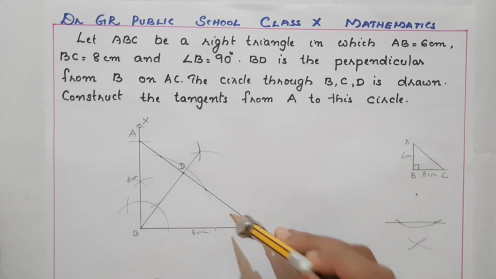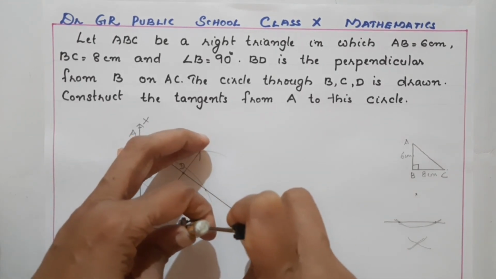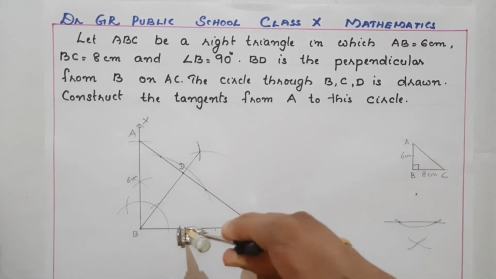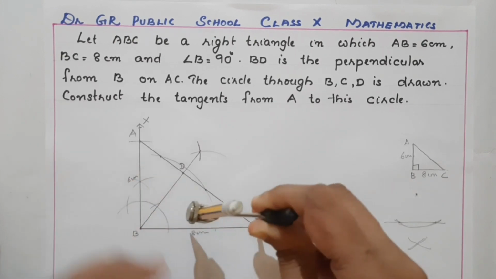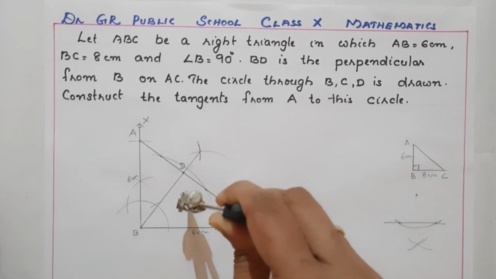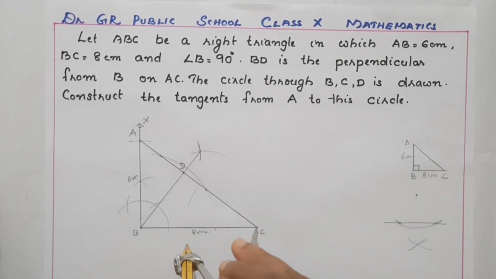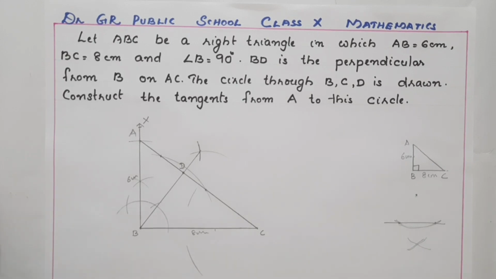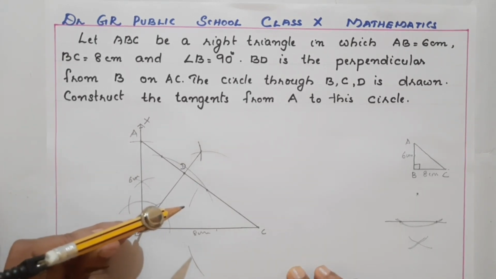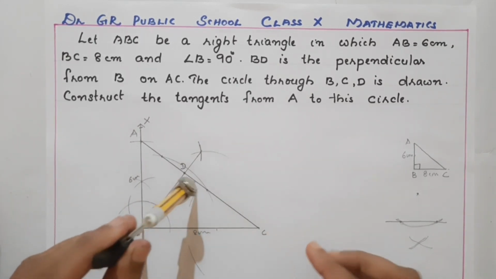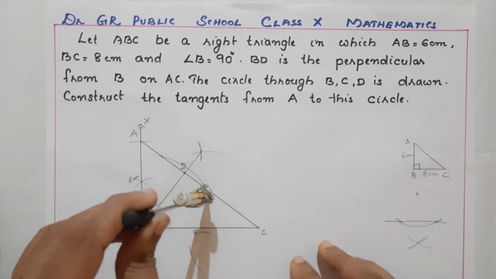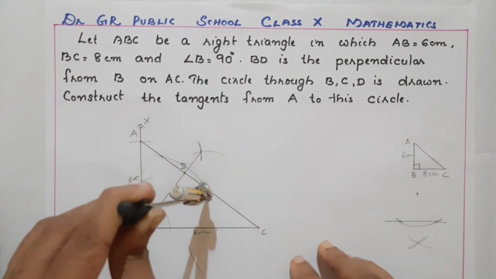So to draw the perpendicular bisector, take more than half. Now you have to draw small arcs, because in the figure we need to draw so many arcs. Now from B, another arc.